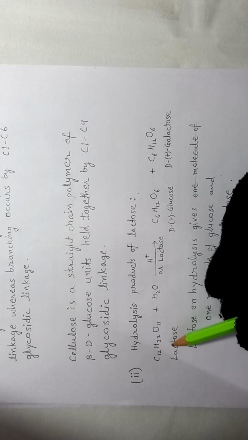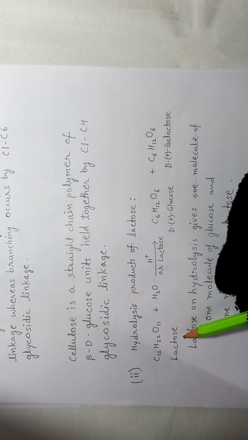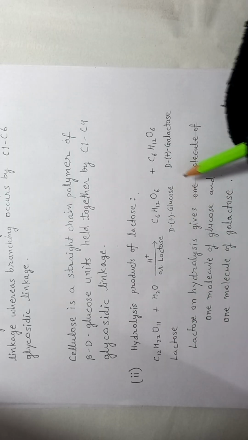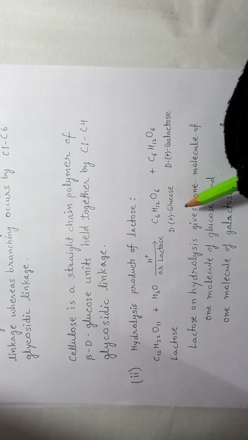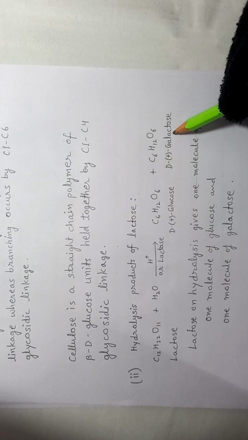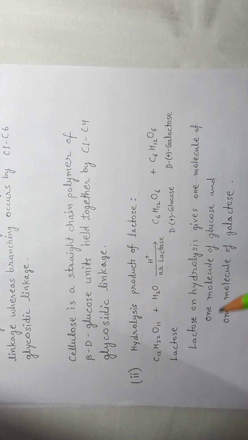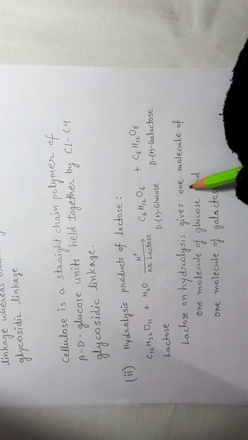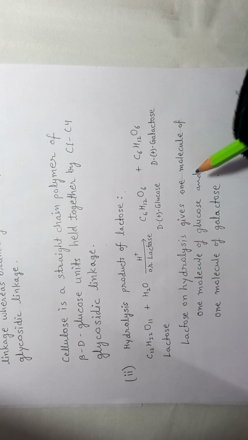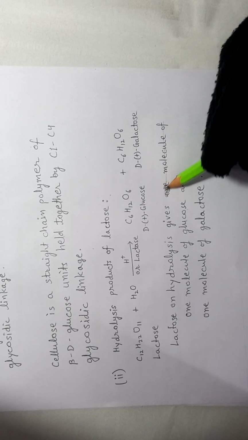Sucrose and lactose both have the same molecular formula. It is a disaccharide, and we get 2 units of monosaccharides, D plus glucose and D galactose. So lactose on hydrolysis gives one molecule of glucose and one molecule of galactose. You cut this from here.